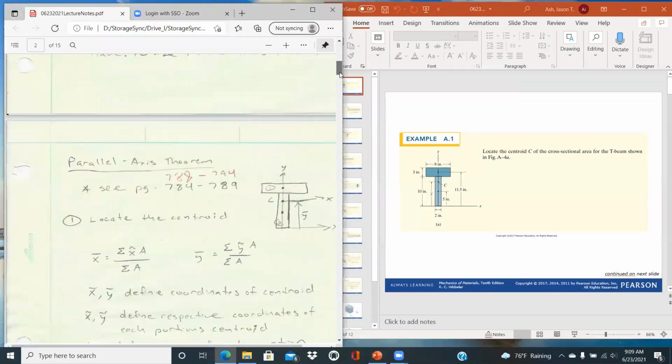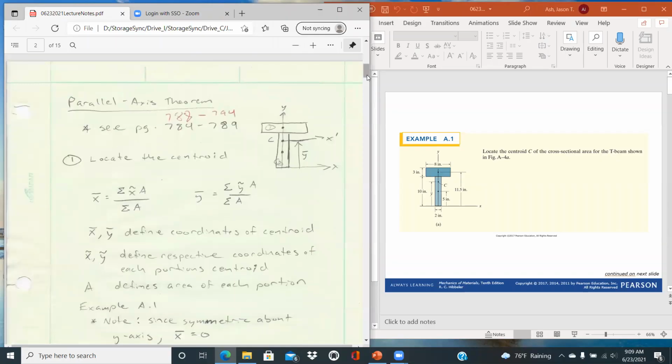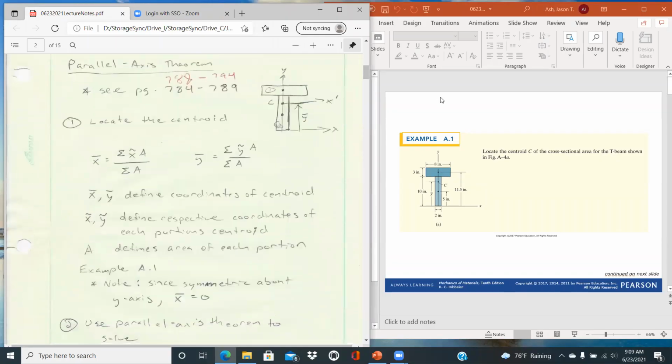But what I found is that Hibbeler's textbook does a really good job of explaining the parallel axis theorem in its appendix A at the back of the textbook. And so this is a good spot to reference if you're ever needing to refresh your memory on calculating the area moment of inertia.